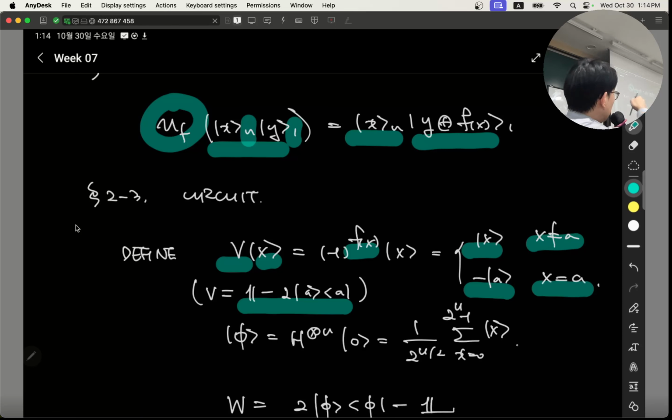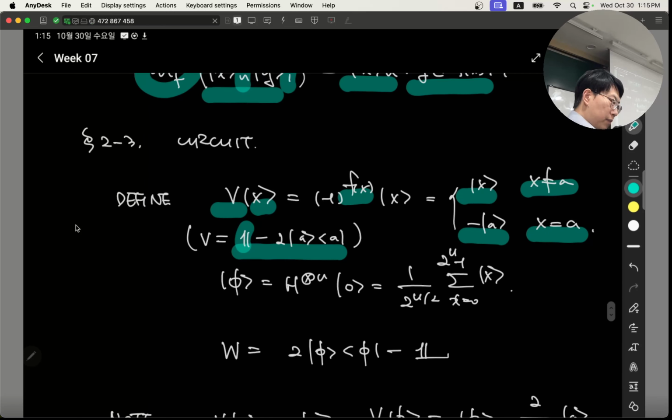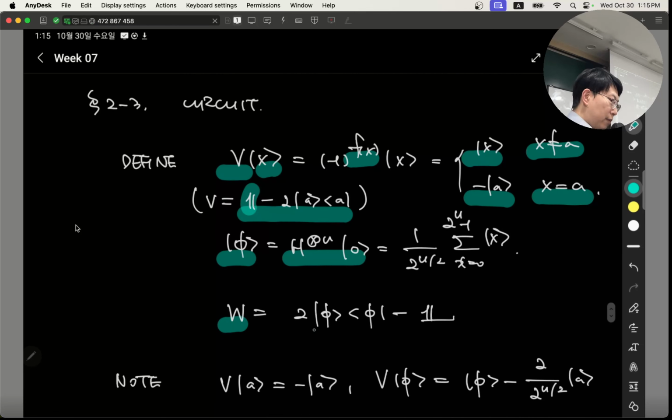So this only acts on A when the input is A. Otherwise, it's always 0, so the identity operator works. And let's take one type of special quantum state, phi. It's basically the superposed state of all the possible base states. And we're going to make another operator W given by this.